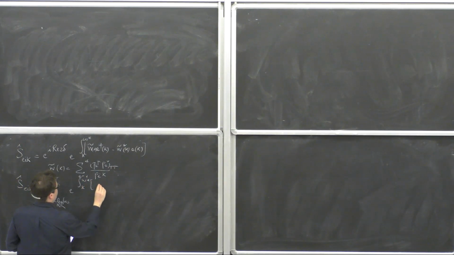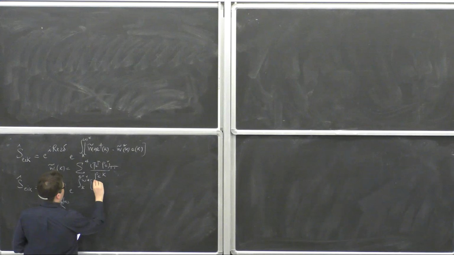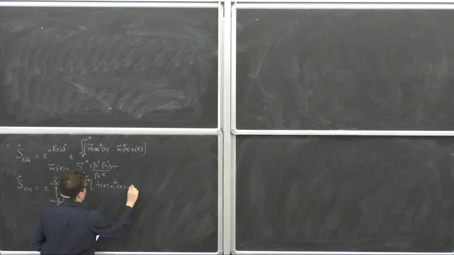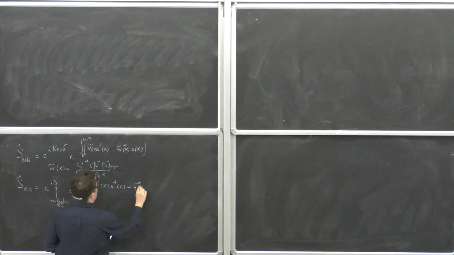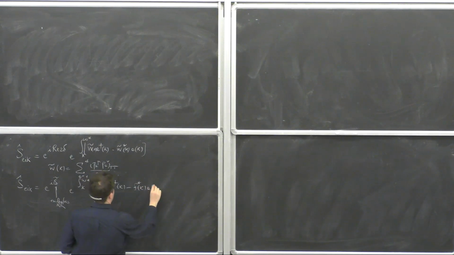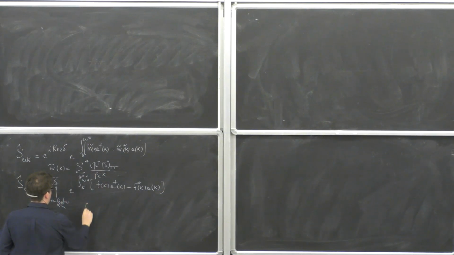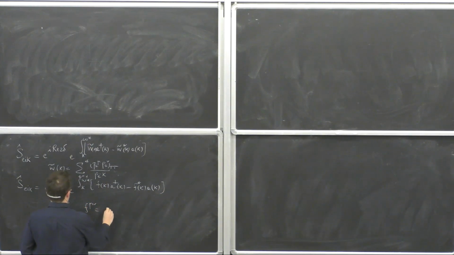Here, let me call it F, perhaps. And here, the difference is that this F is instead the TT projection, including this i epsilon prescription.